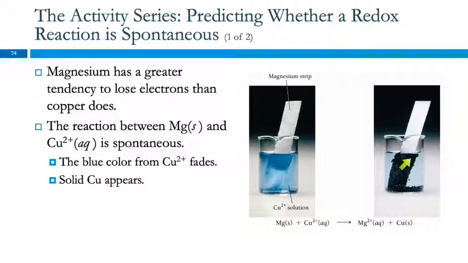It's a solid, and so it's going to become a solid where it got its electrons, which is on the magnesium. And so this crusty looking black stuff is actually copper. This doesn't really look like copper. So magnesium has a greater tendency to lose electrons than copper does. So this happens.